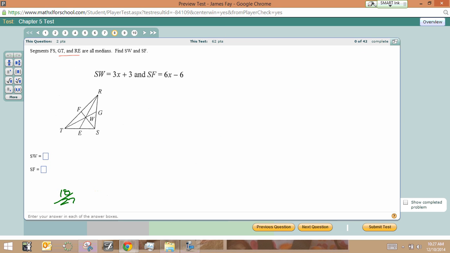This one actually uses, I believe, that 1/3, 2/3 idea. They're talking about SW and SF. I'm just going to redraw my picture, dealing with just those segments.